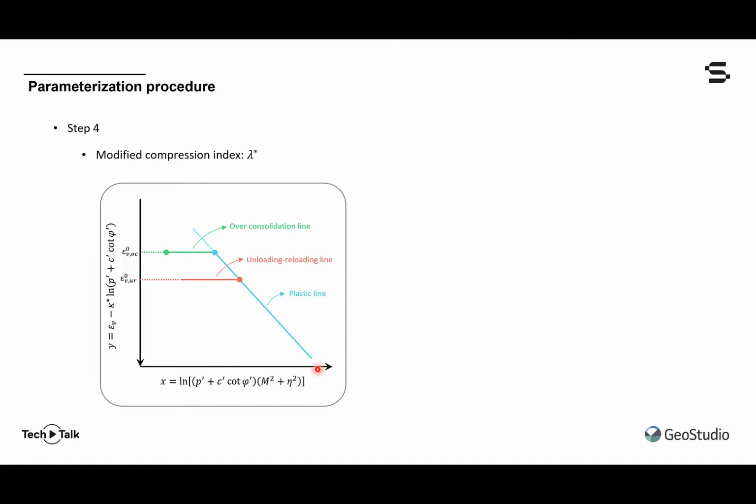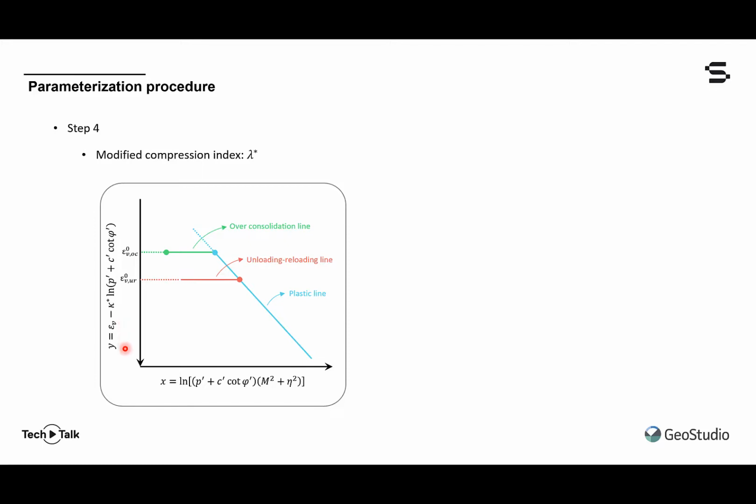You'll notice that the x and y axes in this space are functions of the measured parameters, the accumulated volumetric strain, which is right here, and then P and Q, of course, are stress invariants, and then the constants phi prime, the effective friction, c prime, the effective cohesion, and our modified swelling index, kappa star.